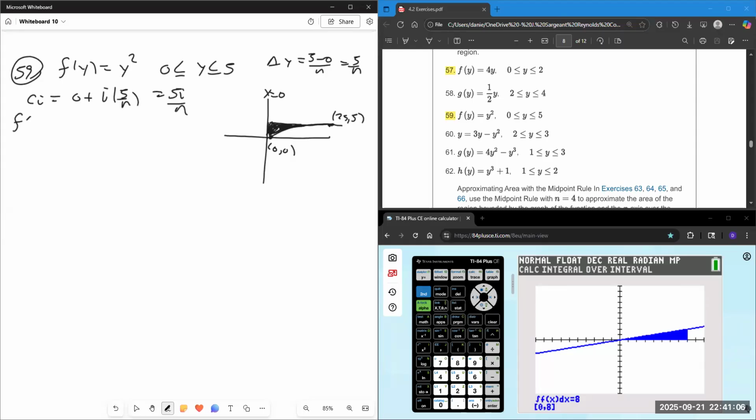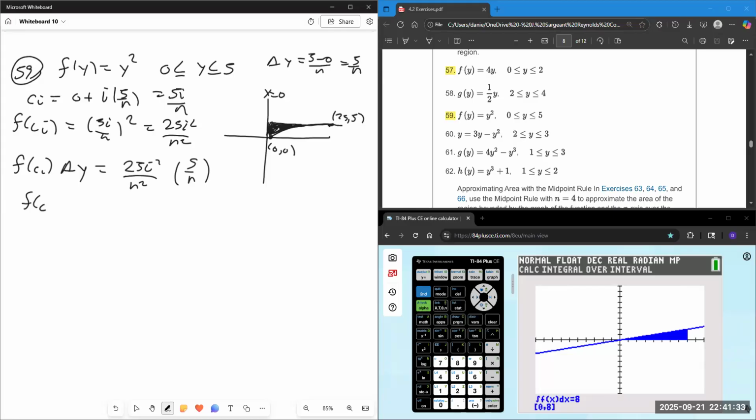And f of ci is 5i over n squared, which is 25i squared over n squared. Then f of ci times delta y is 25i squared over n squared times 5 over n, which is 125i squared over n cubed.